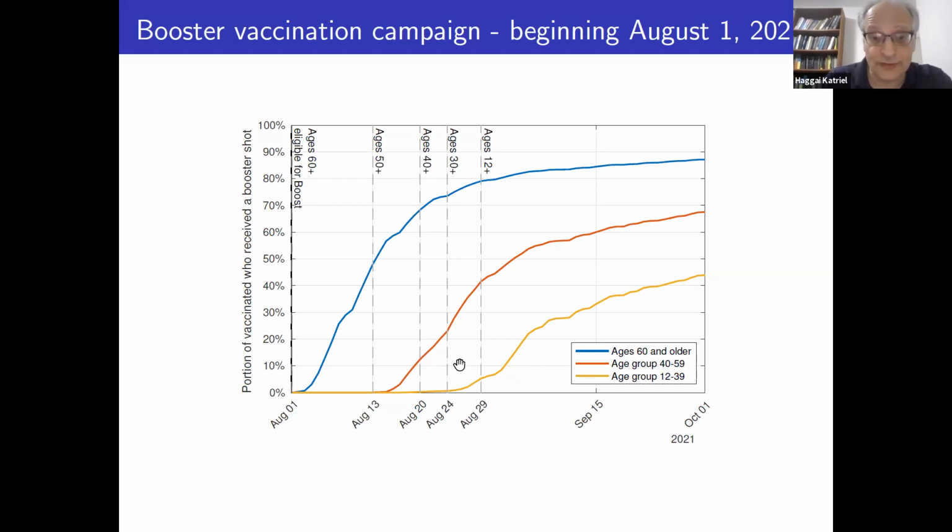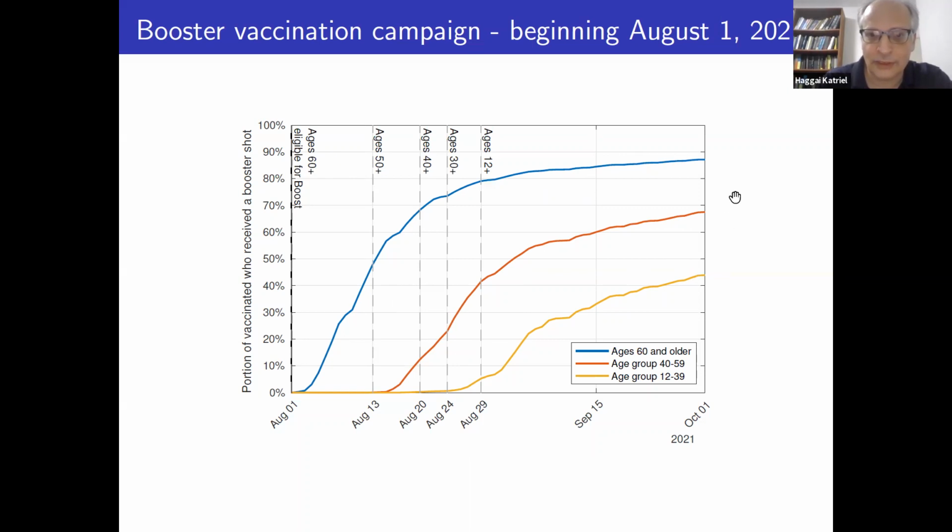This shows the booster campaign, which started at the beginning of August. Almost 90% of the older people were vaccinated.